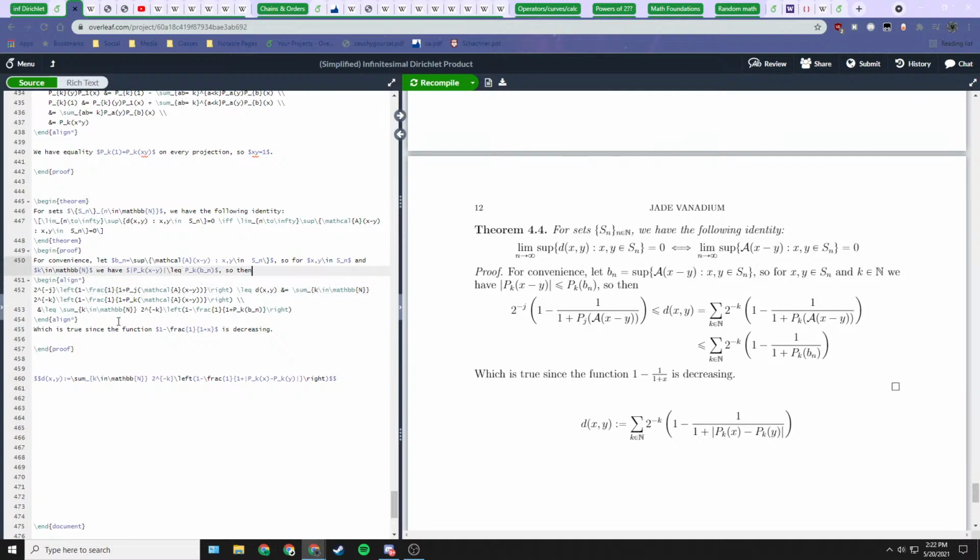So if we have b sub n going to 0, oh yeah, I do want a supremum in here somewhere.